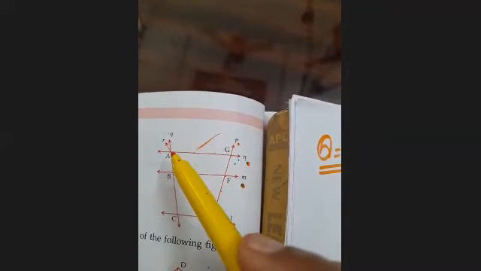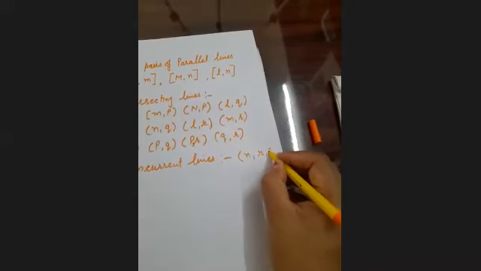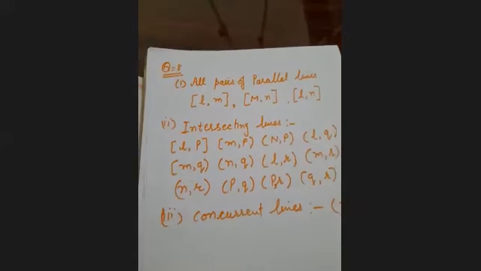These 3 lines intersect at point A. So your answer is N, R, and Q. Clear, students?